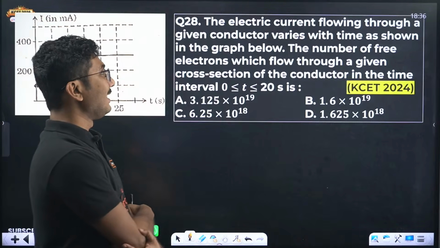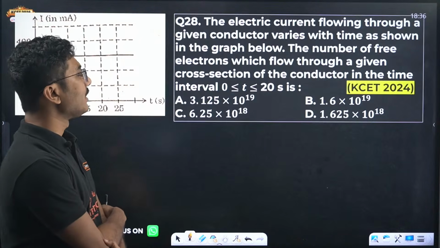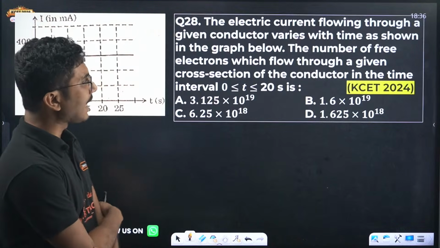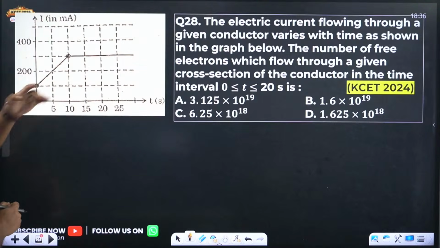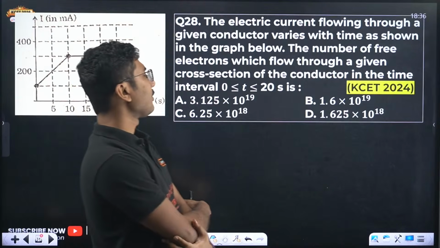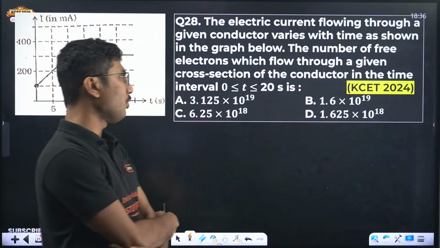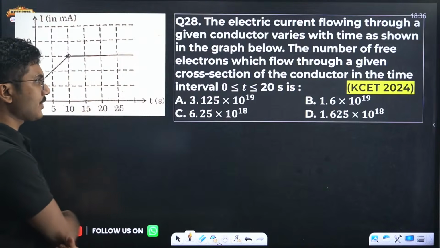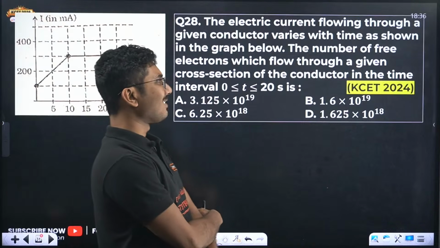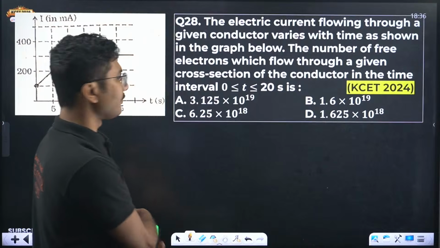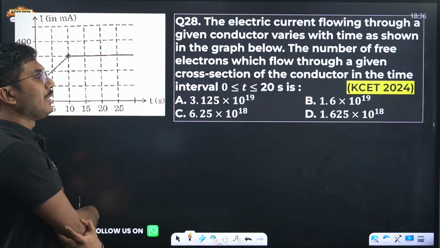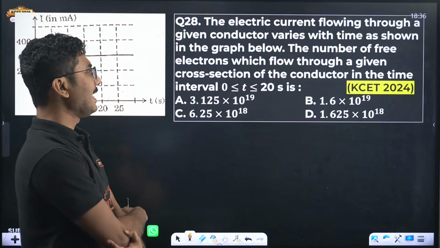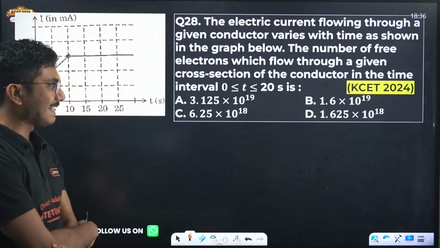Okay, the electric current flowing through a given conductor varies with time as shown in the graph below. The number of the free electrons which flow through a given cross section of the conductor in the time interval 0 less than equals to t less than equal to 20 seconds is.